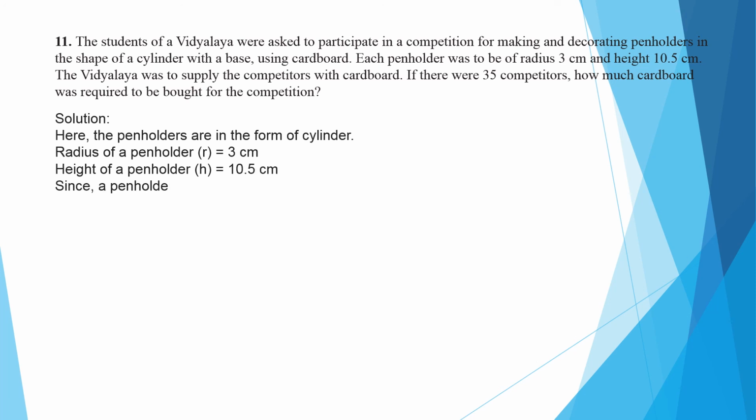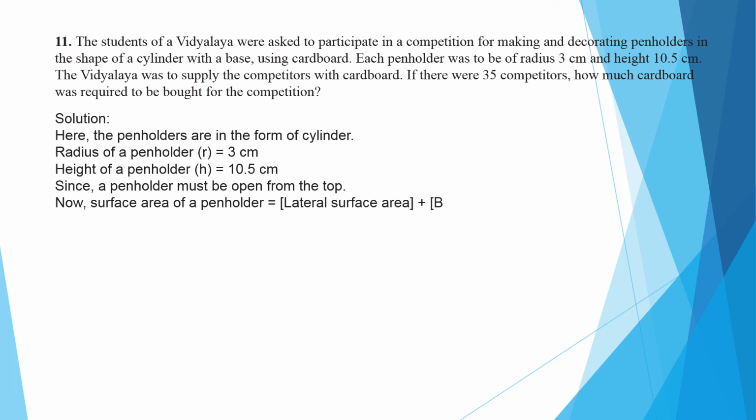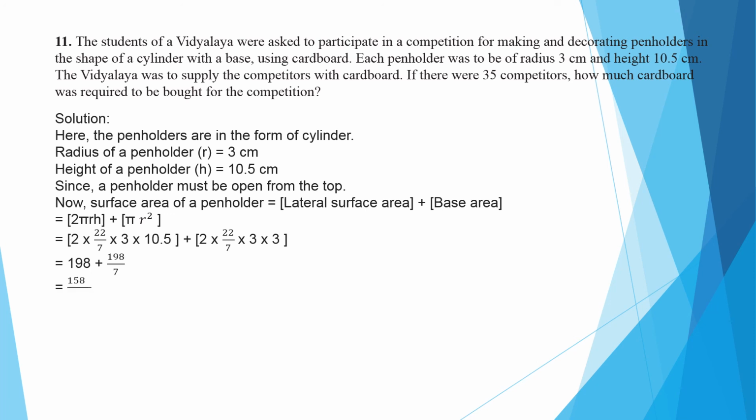Since a pen holder must be open from the top, the surface area of a pen holder is equal to the lateral surface area plus the base area. So lateral surface area 2 pi rh plus base area pi r square. Substituting all those values, 2 into 22 by 7 into 3 into 10.5 plus 22 by 7 into 3 into 3. On calculation, we are getting 1584 divided by 7 centimeter square.